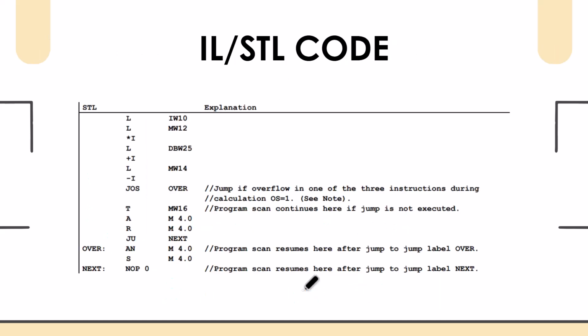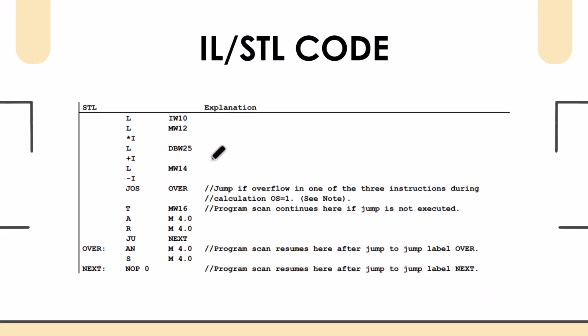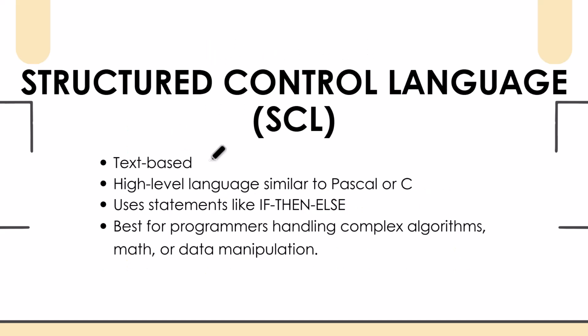Moving up, this is a somewhat complex STL code, and have a look at the typical statement list code. Structured Control Language is a high-level language, just like C++ or Python, which is used for the programming of PLCs. It is a text-based language.